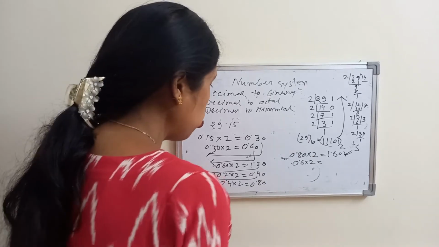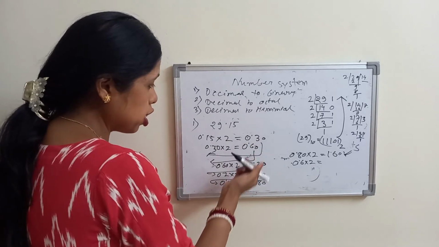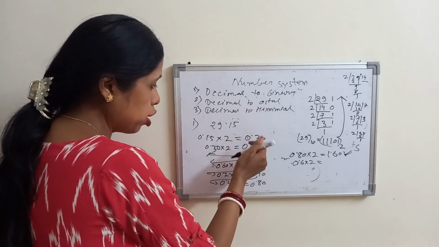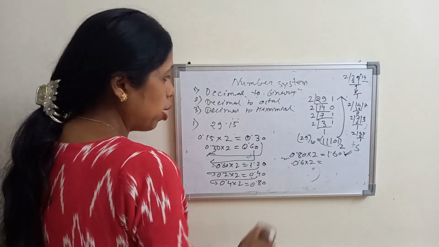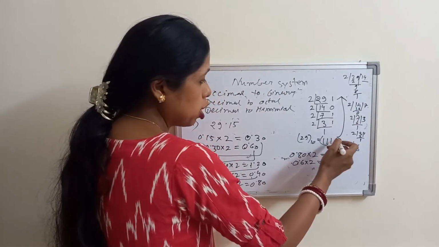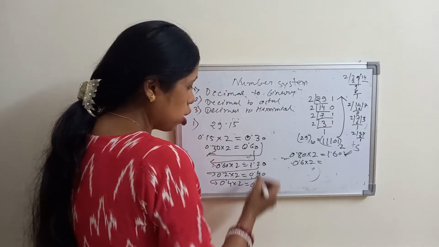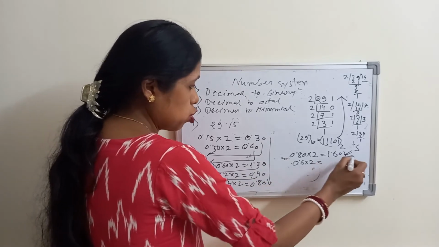Okay. Now what will be the binary equivalent of 0.15? You have to consider only the numbers before the point: 0, 0, 1, 0, 0, 1. For the integer number you write from the bottom up approach, but for the fraction number you have to consider the top down approach.